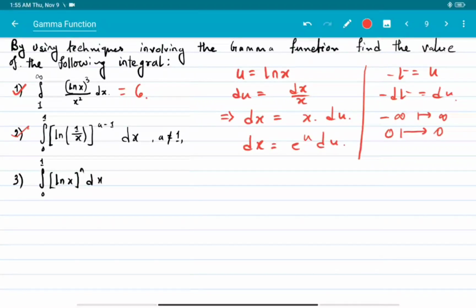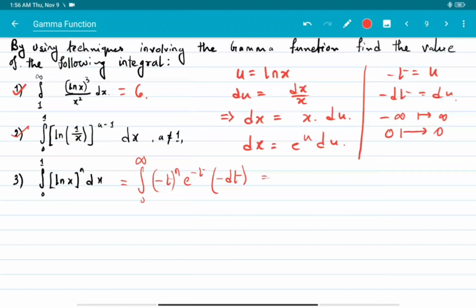Okay, and we do so. So this is how you can do it. So this is 0 to infinity, minus t to the power n, e to the minus t, and this is minus dt.